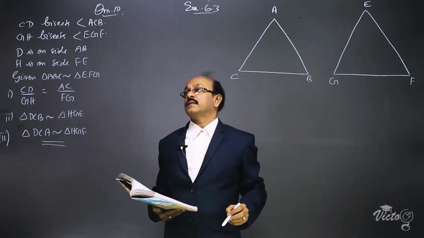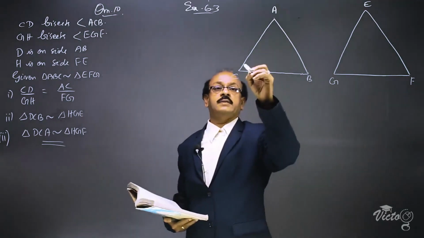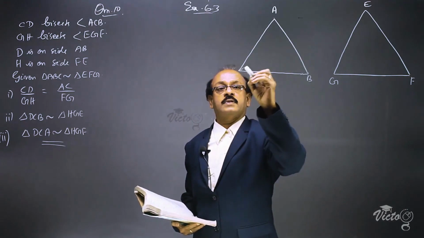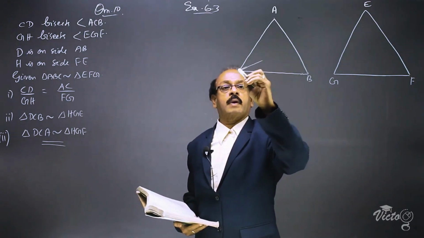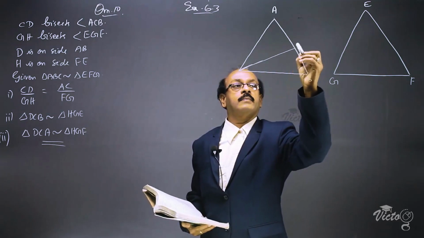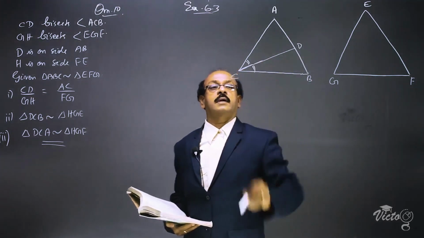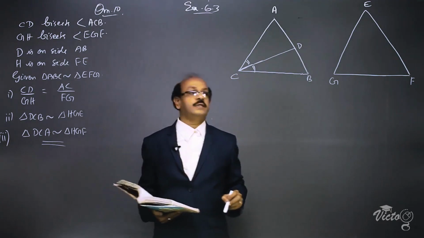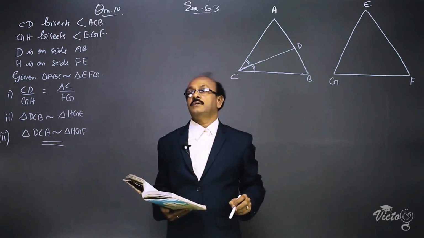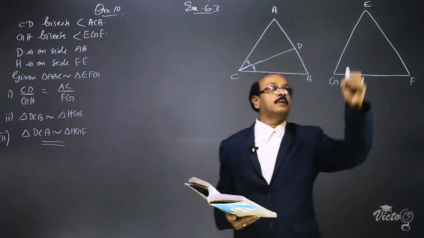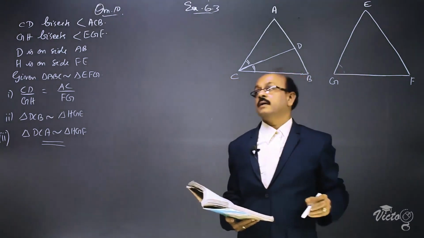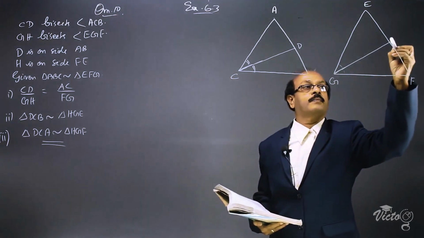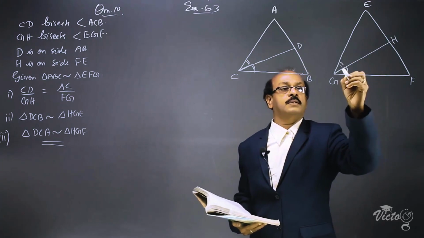Now CD bisects angle ACB. Angle ACB is this angle and CD is the angle bisector, so these two angles are equal. Similarly, GH bisects angle EGF. EGF is this angle and GH bisects it, so these two angles are equal.